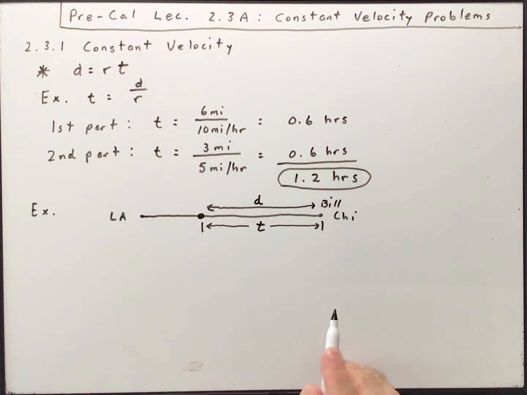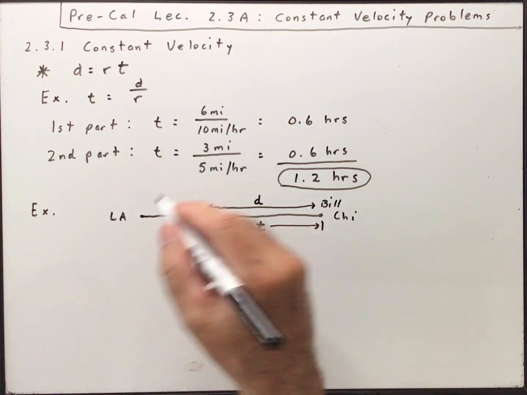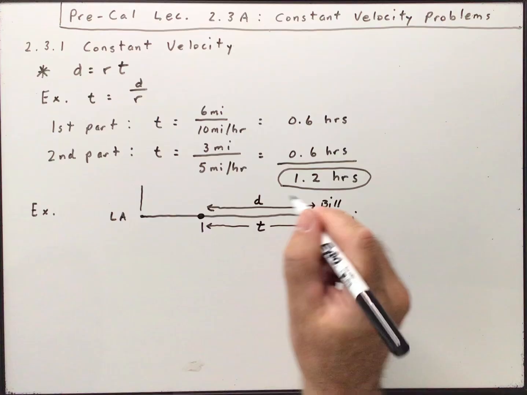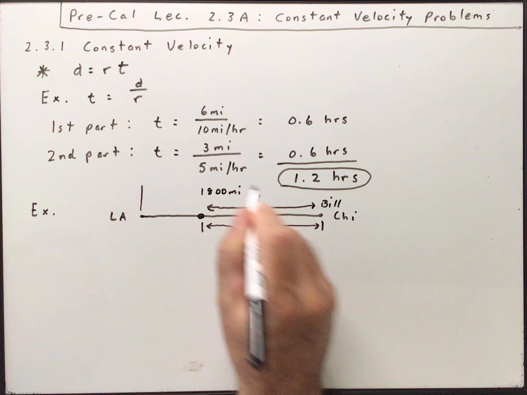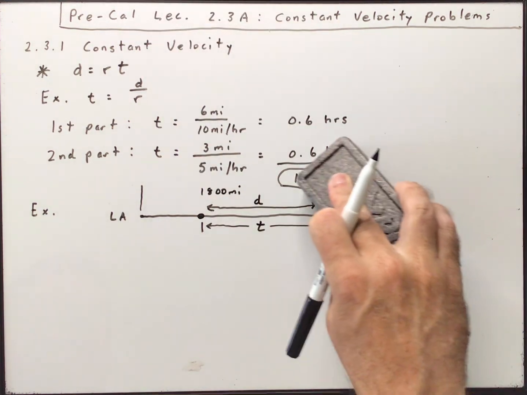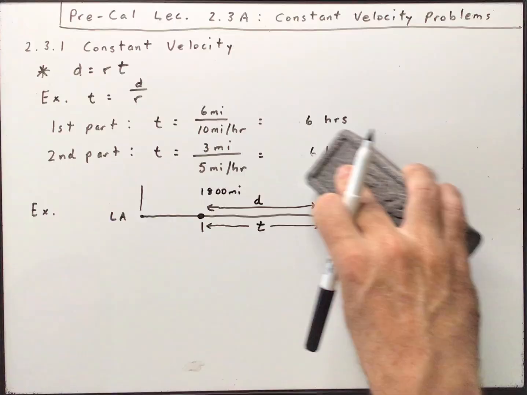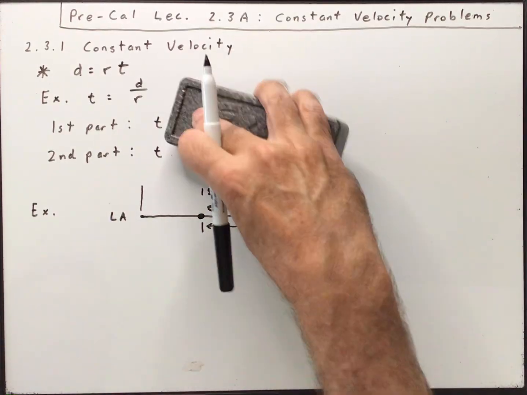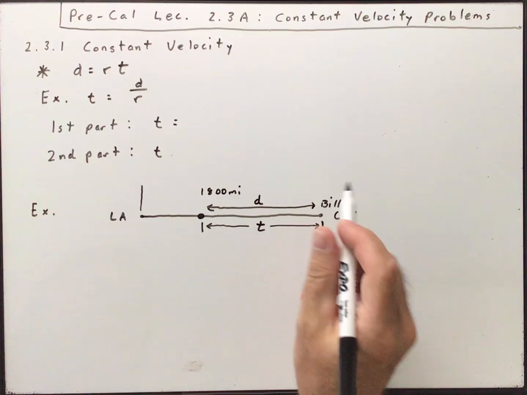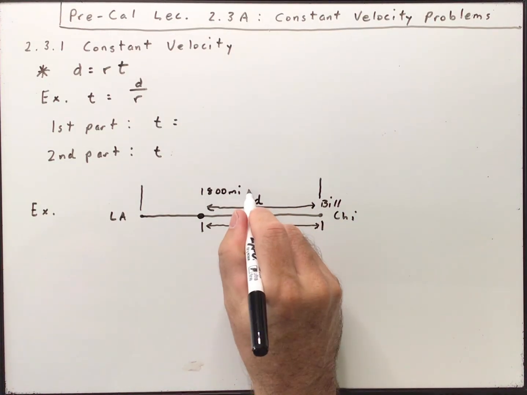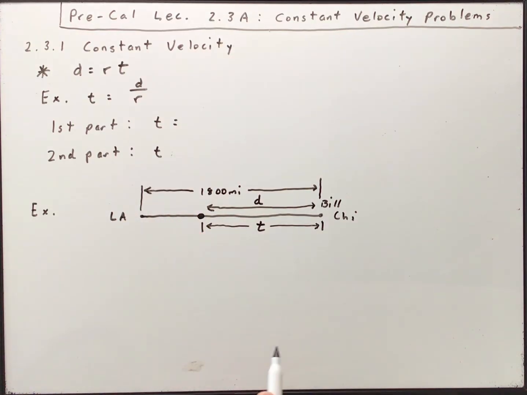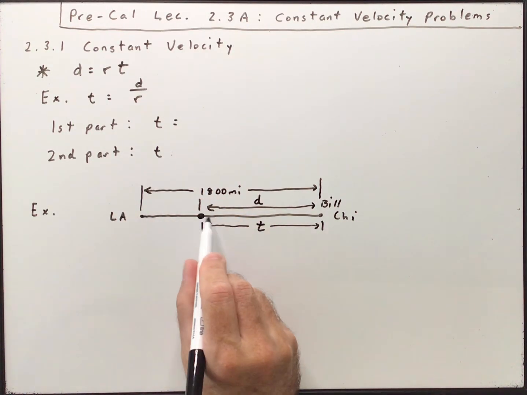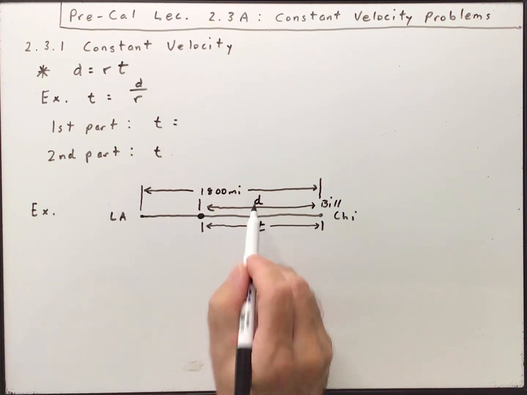Now the entire distance between LA and Chicago is 1,800 miles. So I'm going to go ahead and remove this stuff here. Sorry about that. All right, so 1,800 miles total distance between the two cities. So from LA to the point that they meet would be 1,800 minus D.